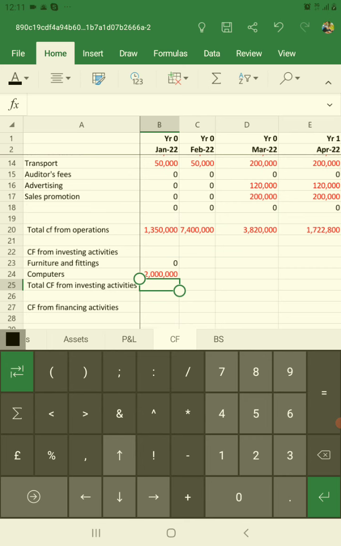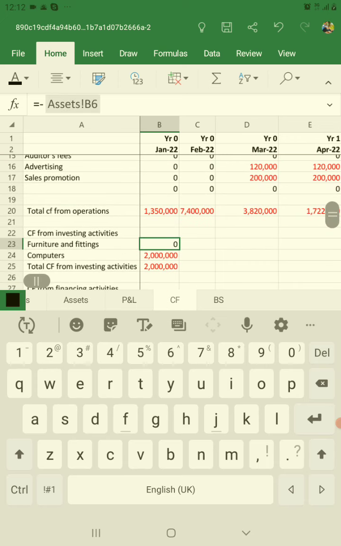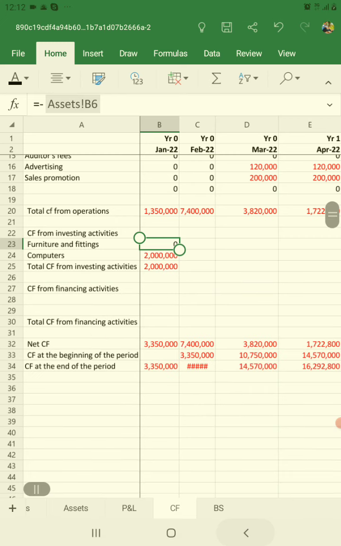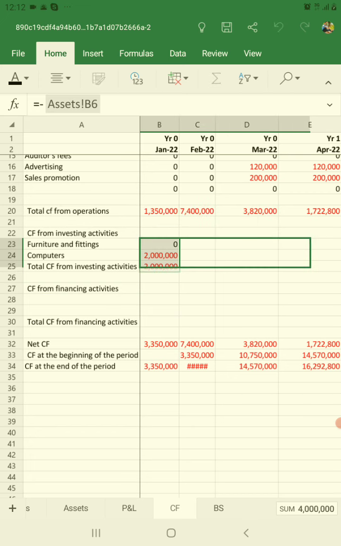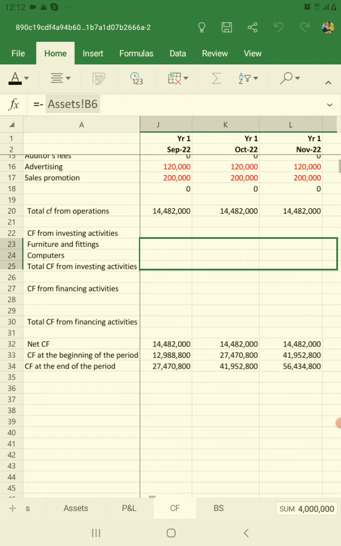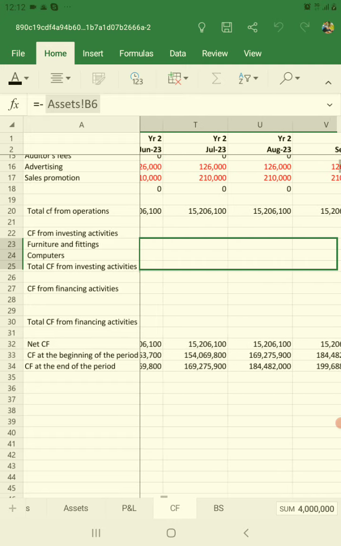And after that, total cash flow from investing activities, just sum them, and all these three formulas here are going to be true. So I select them and then fill to drag them to the rest of the projection periods.